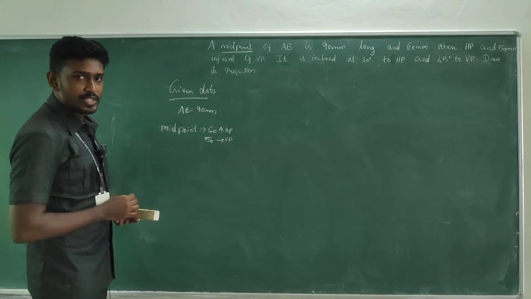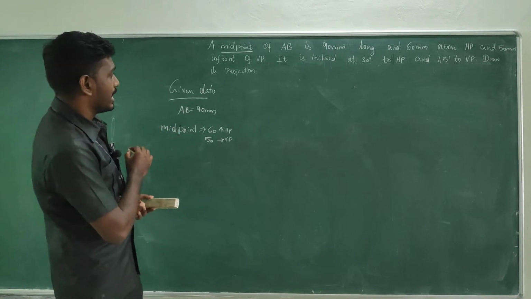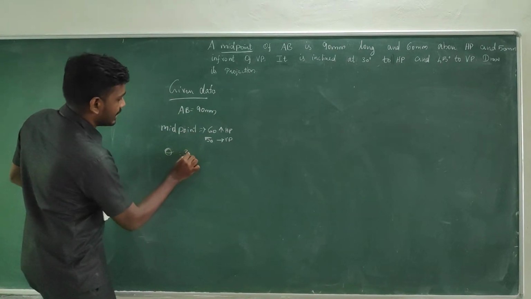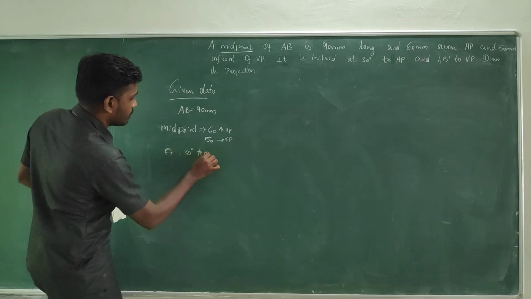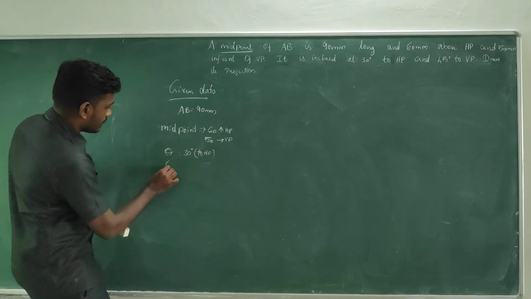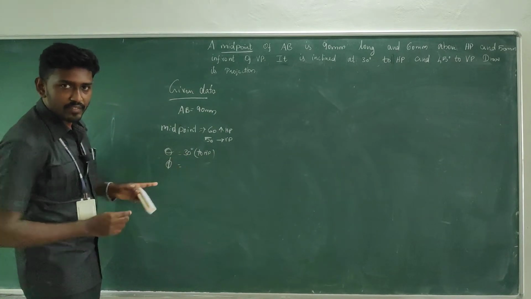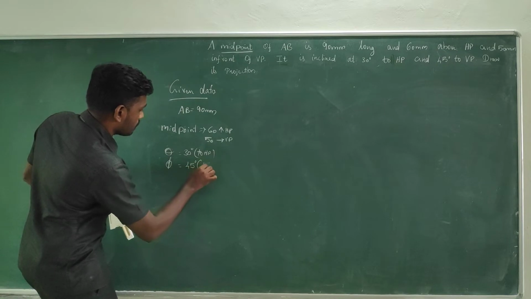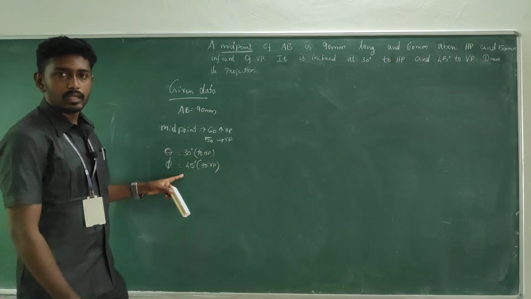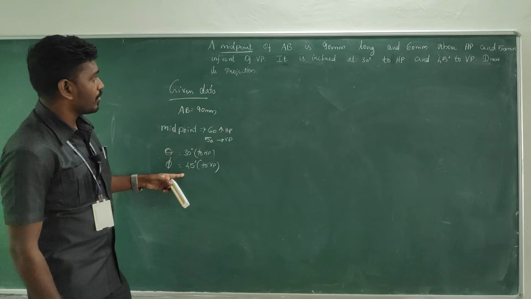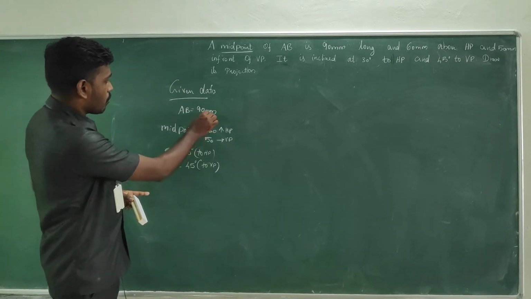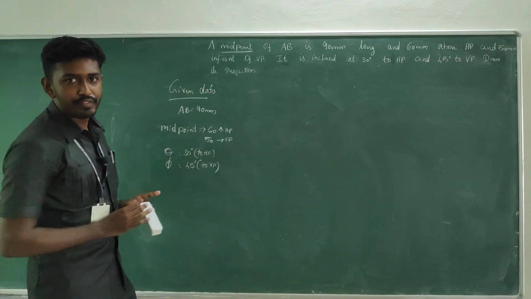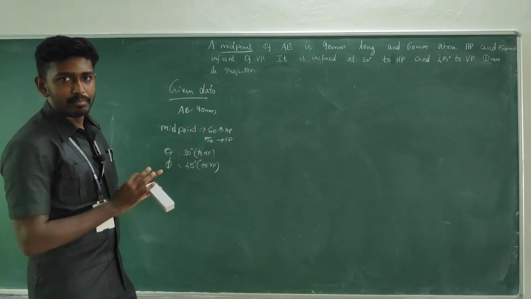That means they are specifying the true inclinations. The HP inclination is theta, 30 degrees to HP, and the VP inclination is phi, which is 45 degrees to VP, right? Fine. Any other data available? No. Check: 1, 2, 3, 4, 5. 5 data are there, so it is enough to draw the complete profile.